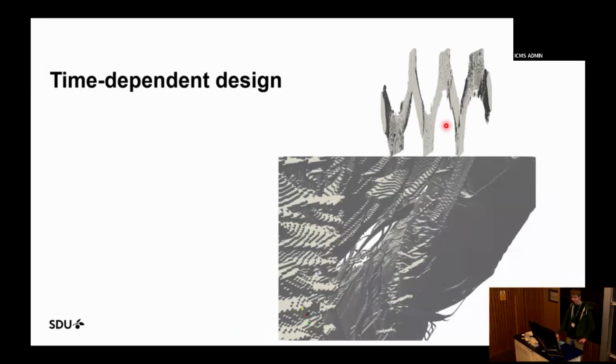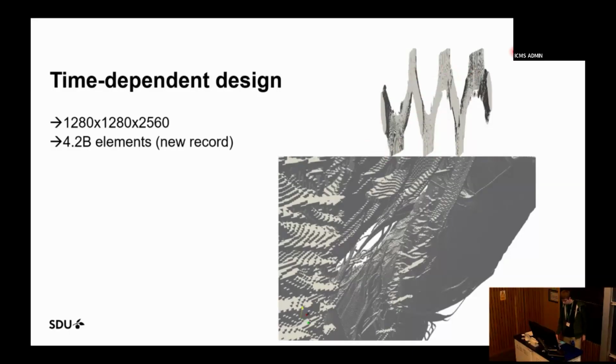So my supervisor has also been toying around with time-dependent designs. So where we don't say that the design field is a function of space only, it's also allowed to be a function of time. So we get these time varying designs where in this case, this is the direction of time and the other two dimensions are the directions of space. And so for that, we use a space-time mesh with these dimensions.